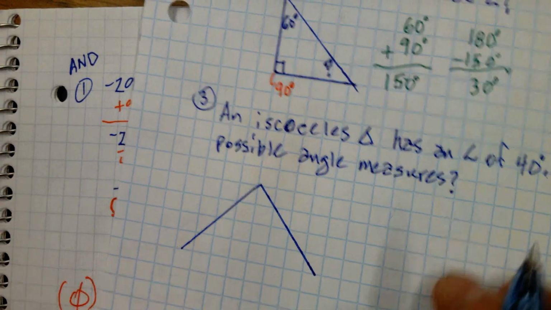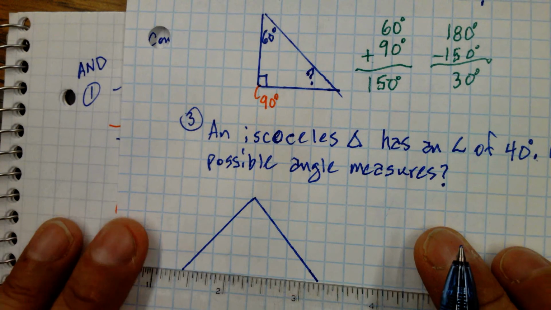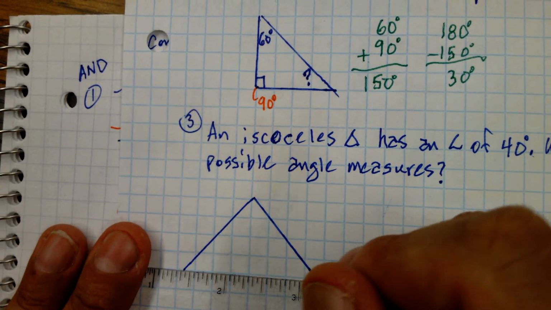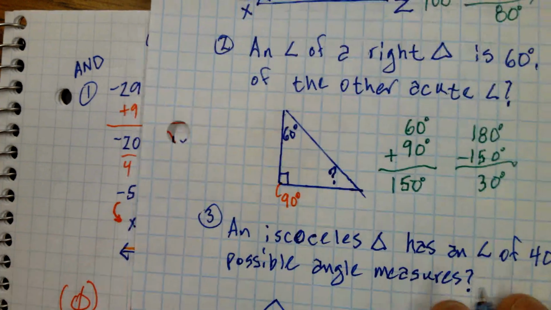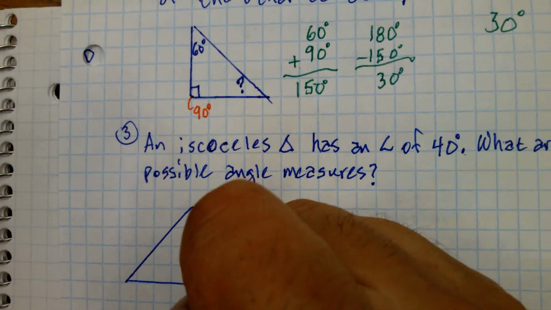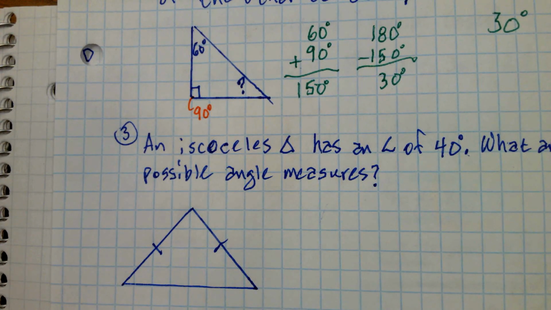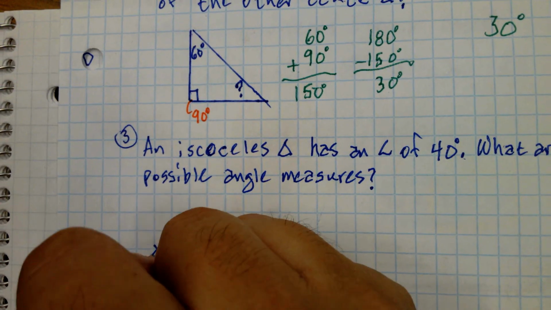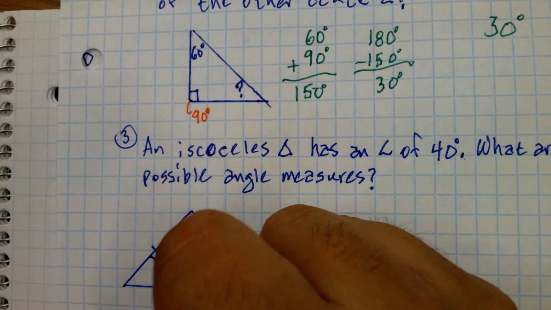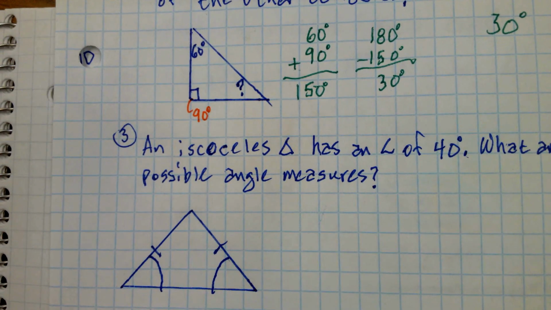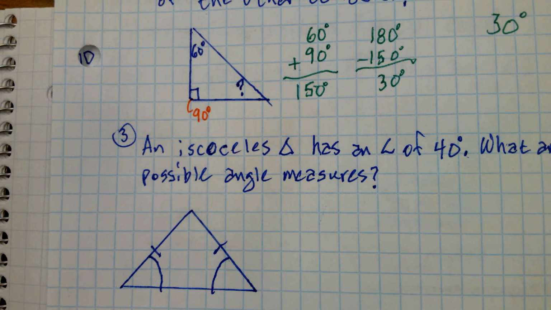And these two sides are equal, or congruent. That means these two angles, we call them base angles, because they're at the bottom usually, are also congruent.